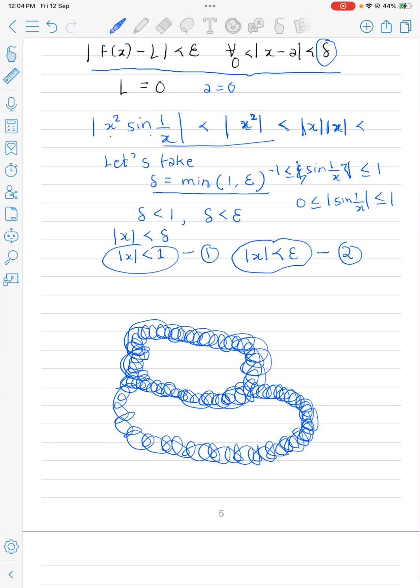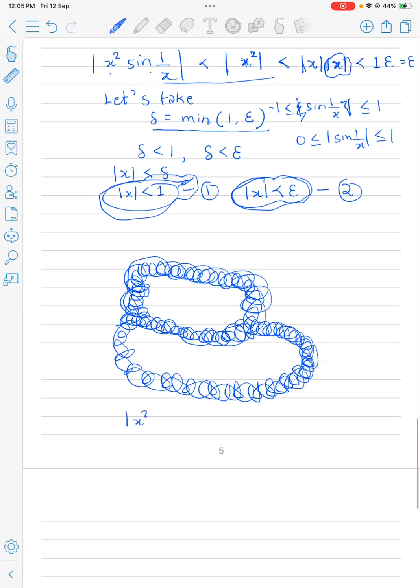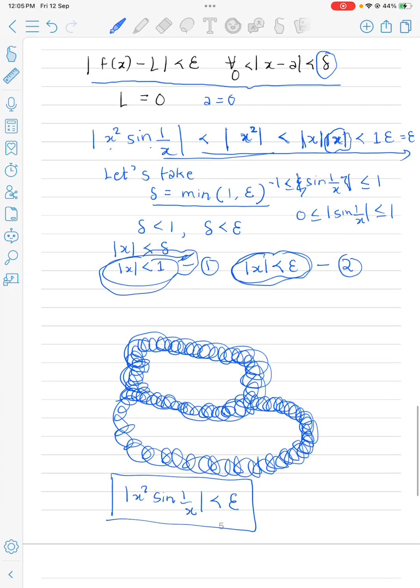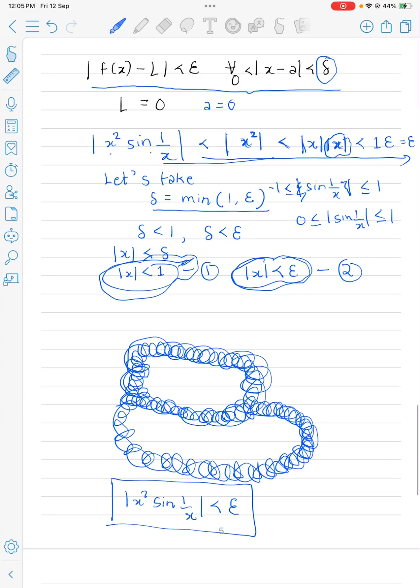Then you use mod x is less than 1, this inequality, and mod x is less than epsilon. Both I'm using. So this is less than 1 into epsilon, which is epsilon. So x square sine 1 by x is less than epsilon. This is what we set out to prove, right? So that is done.